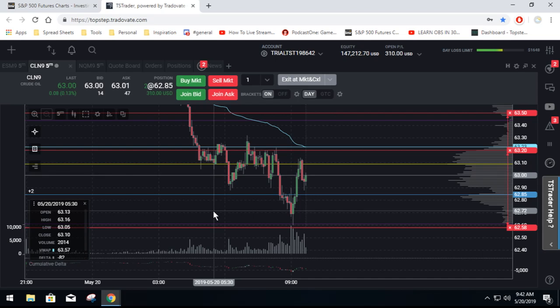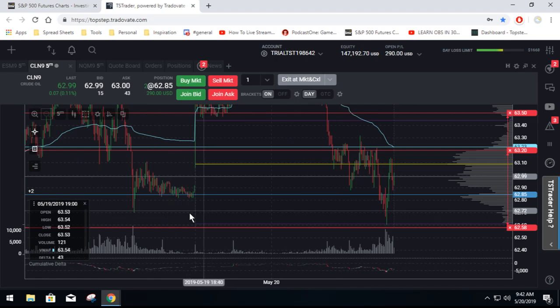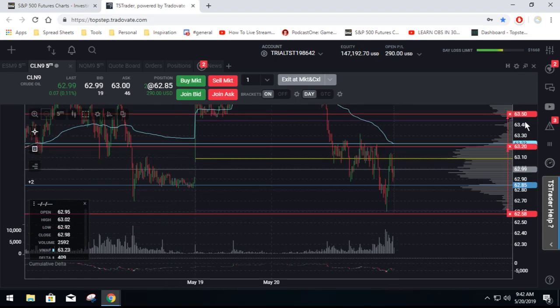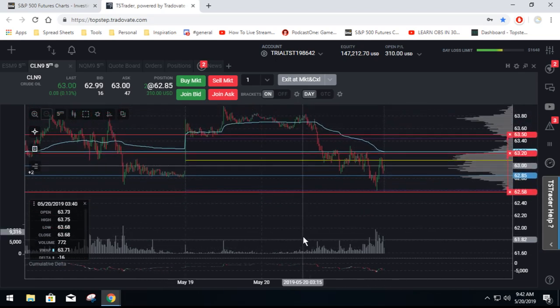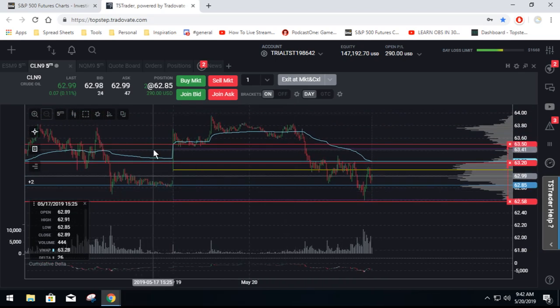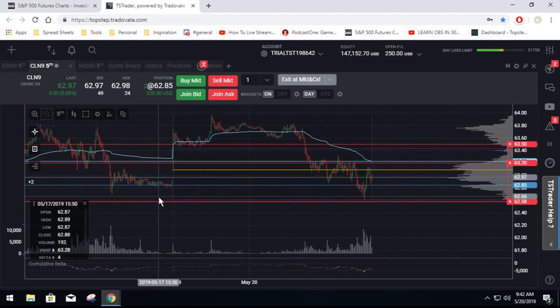I'm tracking my active value and my active POC, which is today's value since the Globex market open. So you can see value area delineated by low, high, low POC.